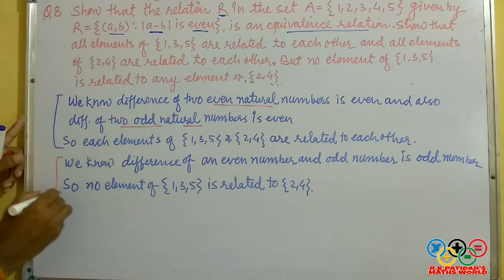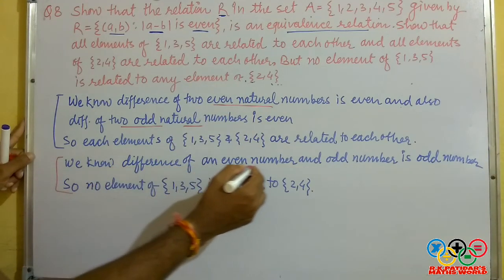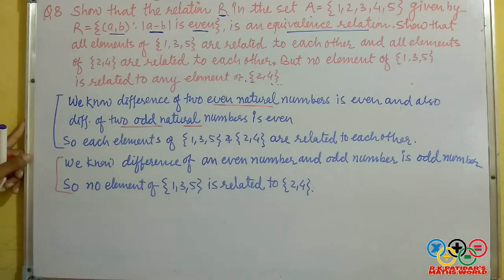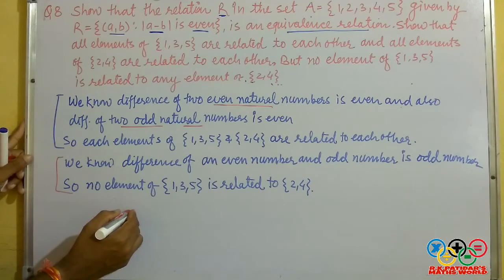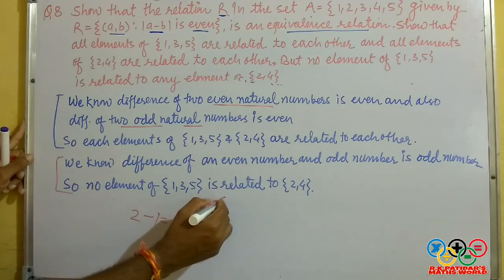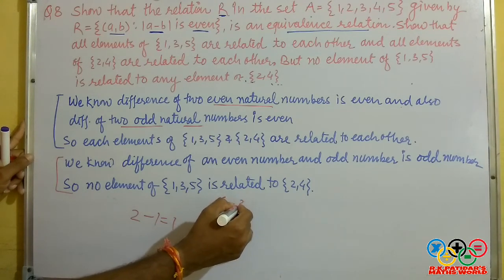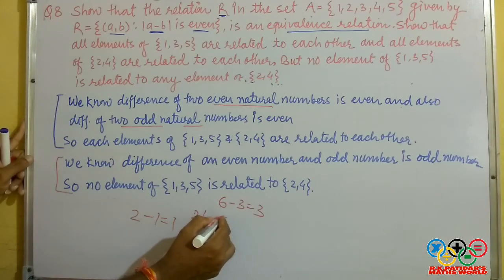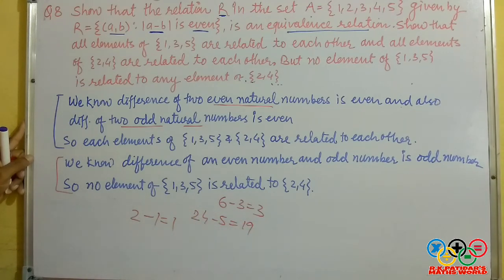And the second part is what? We know that the difference of an even number and an odd number is odd. If we take any even number and odd number and find the difference, we will get odd. For example, 6 minus 3 is 3, and 24 minus 5 is 19.